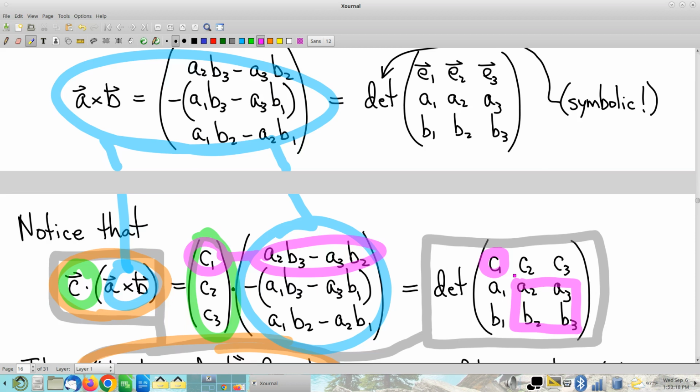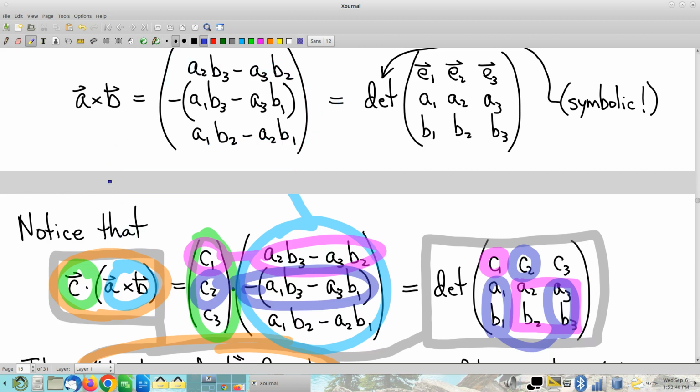In fact, if you write down all 3 of the terms, this times that is that times all of this. Don't forget your minus sign: plus, minus, plus, and all that. And then likewise for the third term. And so, sure enough, the pieces just all fit together.